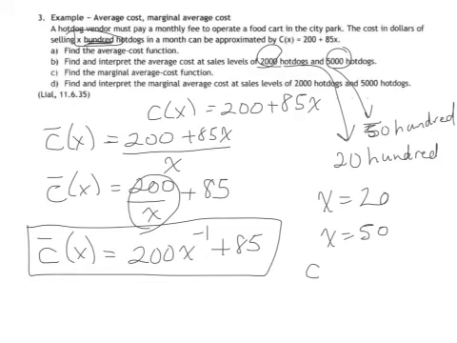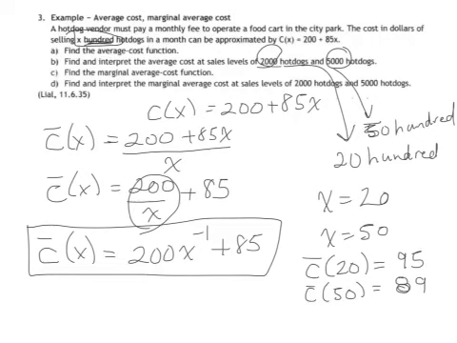So for the average cost of selling 2,000 hot dogs, we have 95 if we evaluate that correctly, and then we have the average cost at 50, which is 5,000 hot dogs, and that's going to come out at 89.